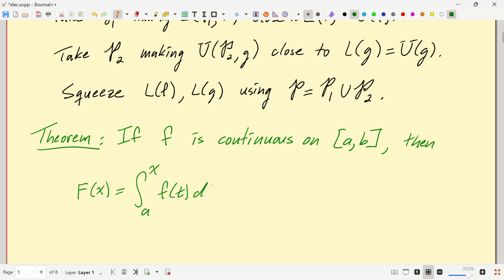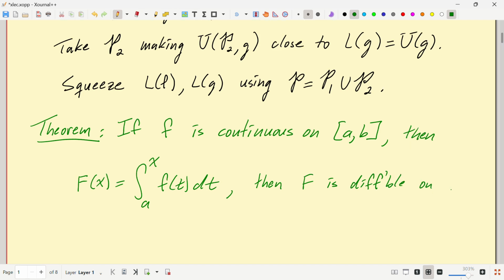that t is just a dummy variable here, then this thing is differentiable. Then F is differentiable on [a,b], and its derivative is little f, for all x.